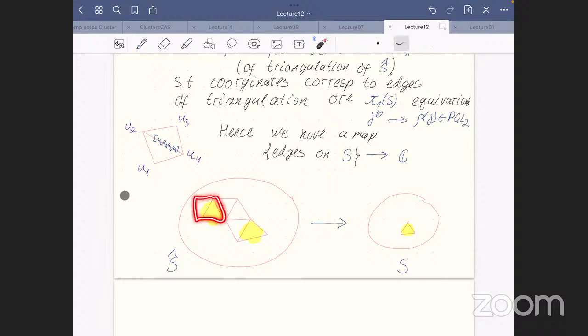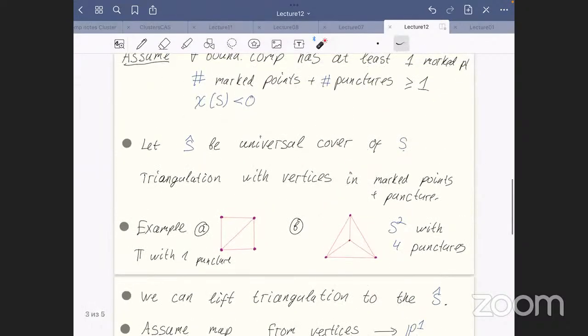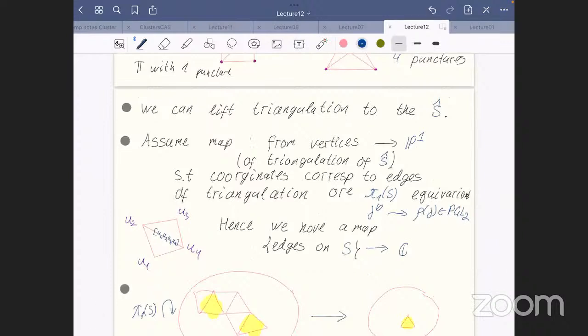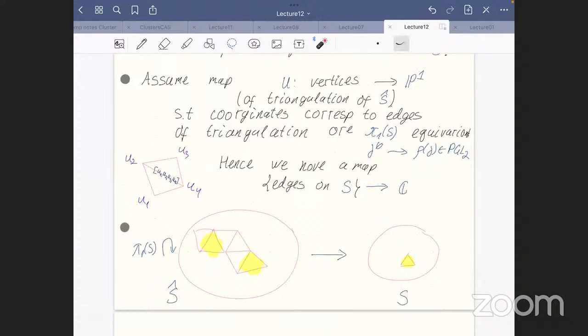And if we act by gamma on the universal cover, then the corresponding flags, so this map I will denote by U, are transformed by the action of this rho of gamma.